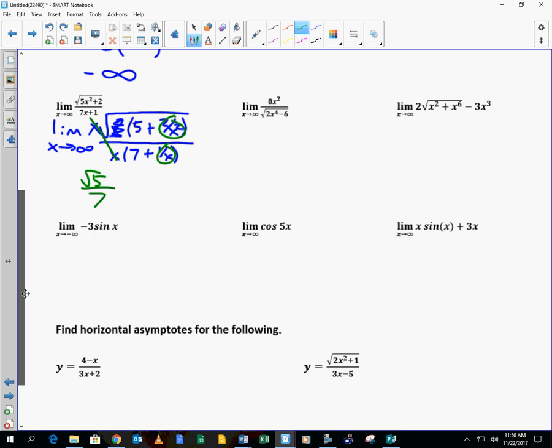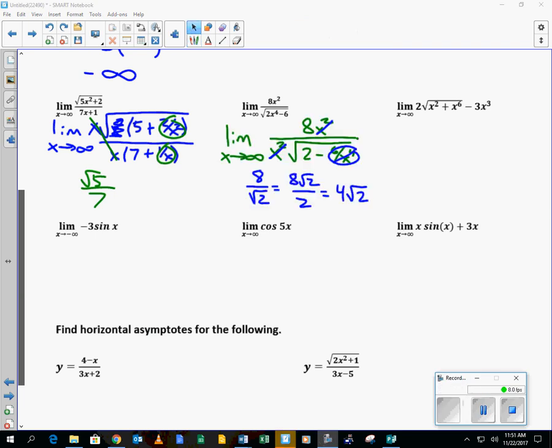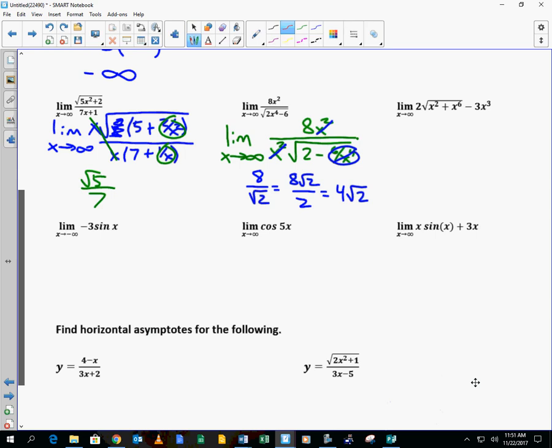Try the next one on your own. Okay, so let's look at this one. This one, where do you think you would start? Yeah, let's take out an x to the 6th.